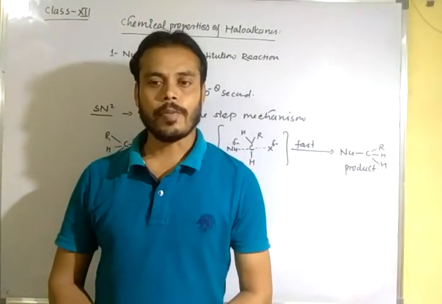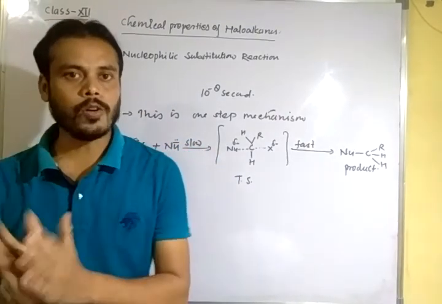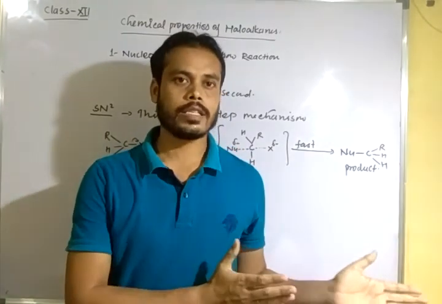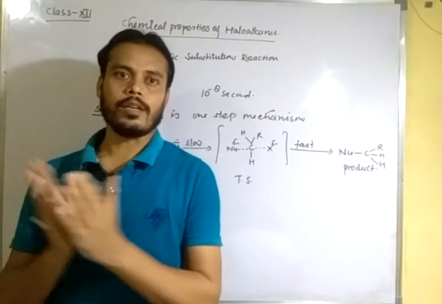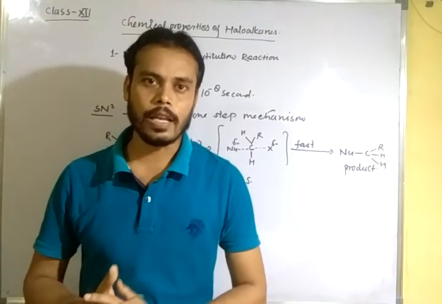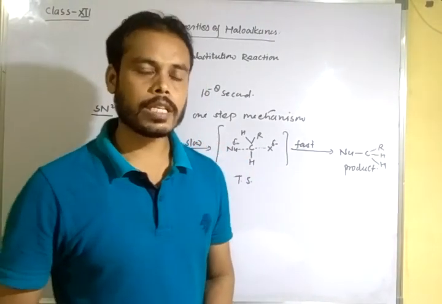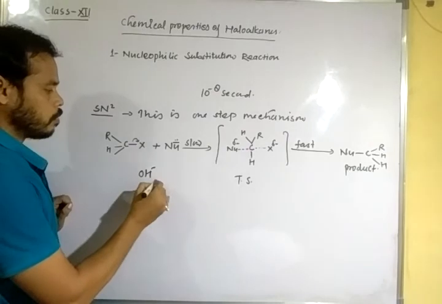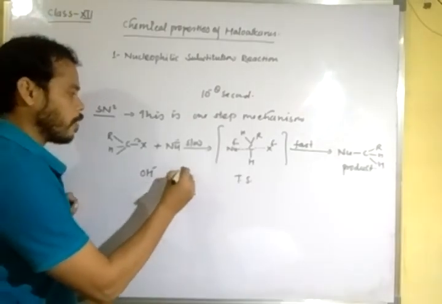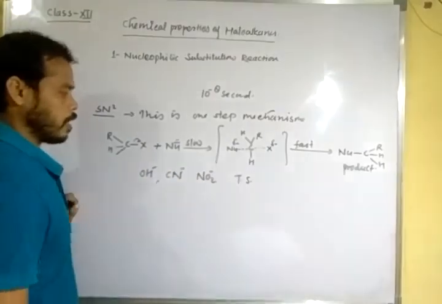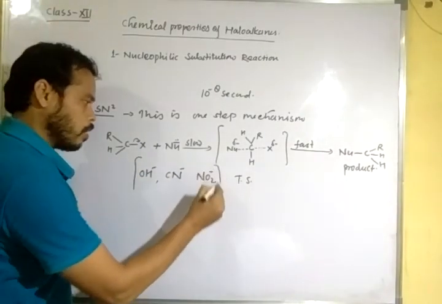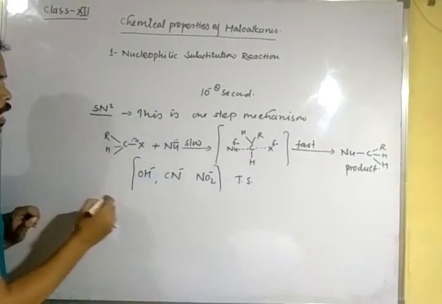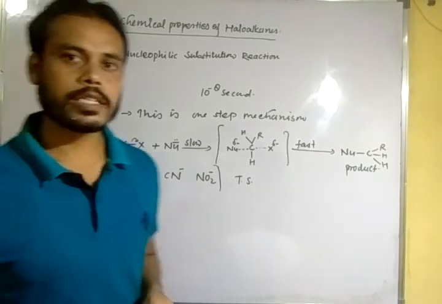In the next video we will discuss how a nucleophile stronger than the halogen atom attacks and displaces the halogen atom, and we will discuss only the hydroxide nucleophile, cyanide nucleophile and nitrite nucleophile, and how these nucleophiles remove halogen from the haloalkanes.